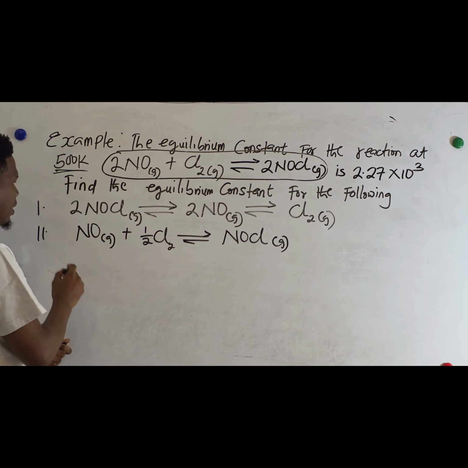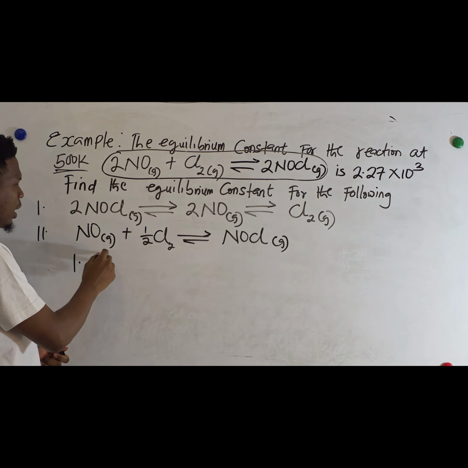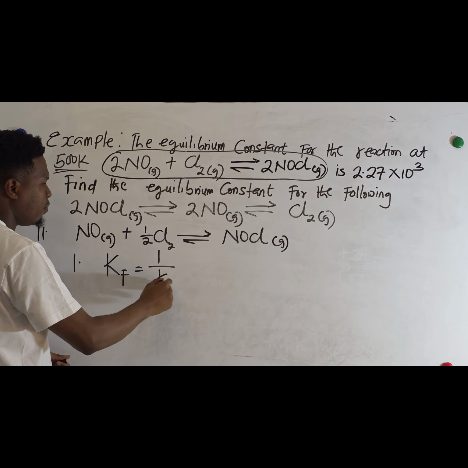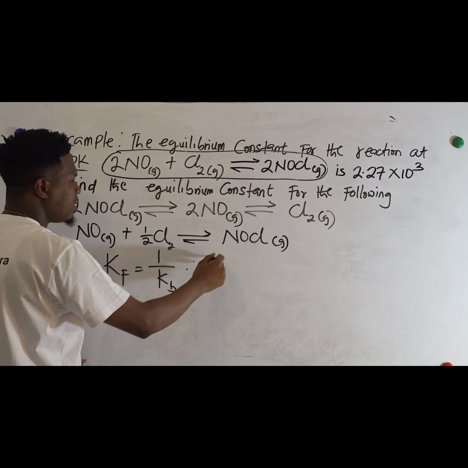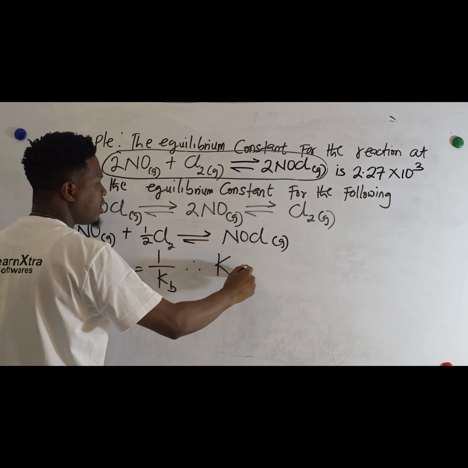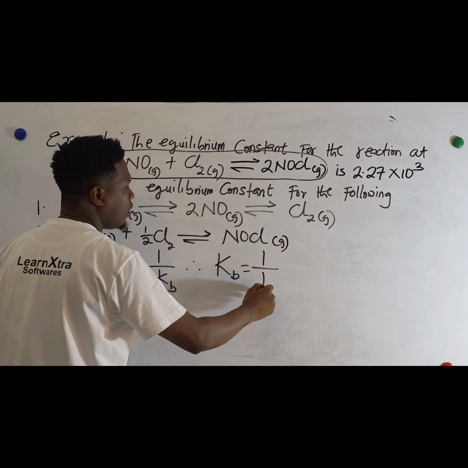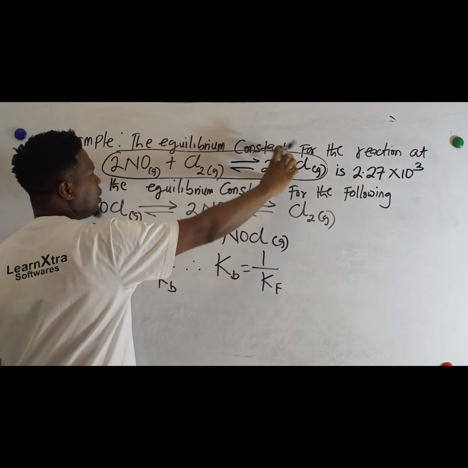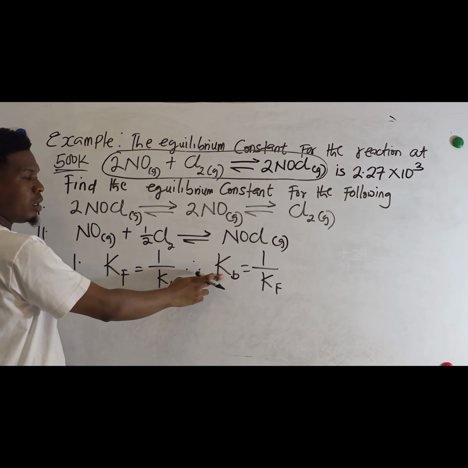We know that the equilibrium constant for the forward reaction is the inverse of the backward reaction, or we can say the equilibrium constant for the backward reaction is the inverse of the forward reaction. So if we take this as the forward reaction and this as the backward reaction, then we can call it Kv.